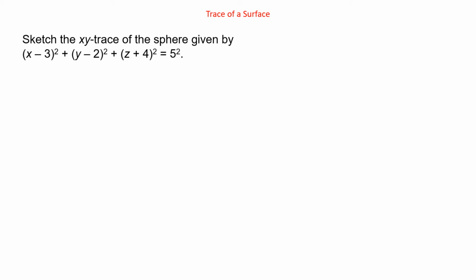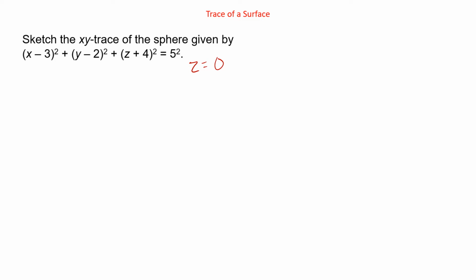So to do this, we're going to sketch the XY trace of the sphere given by x minus 3 squared plus y minus 2 squared plus z plus 4 squared equals 5 squared. So the XY trace, that's going to be on the XY plane. What every point on the XY plane has in common, z equals 0. On the YZ plane, x equals 0.